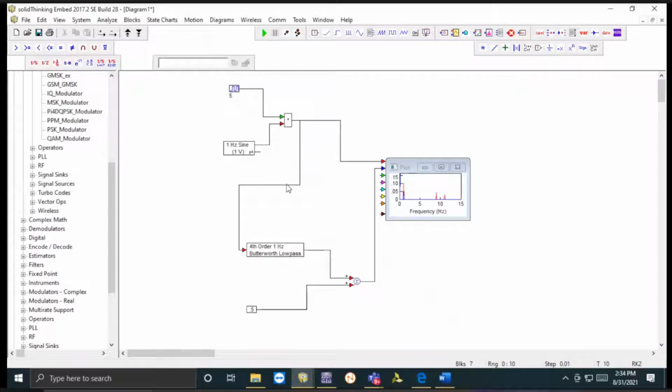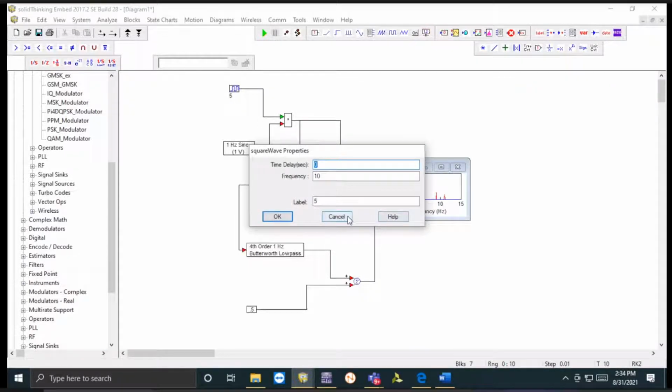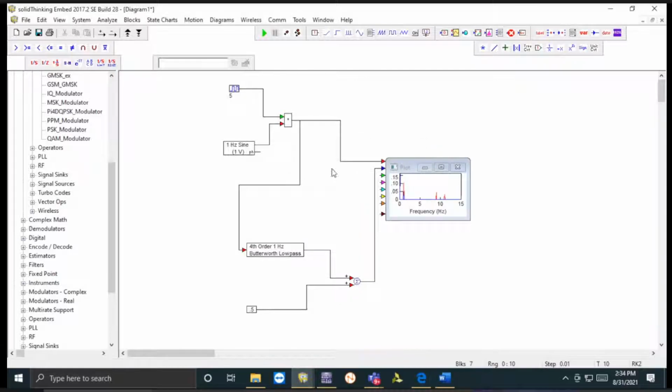Now, here what we can do, if we just change this particular signal with the train of impulse, you will have this, you can see.